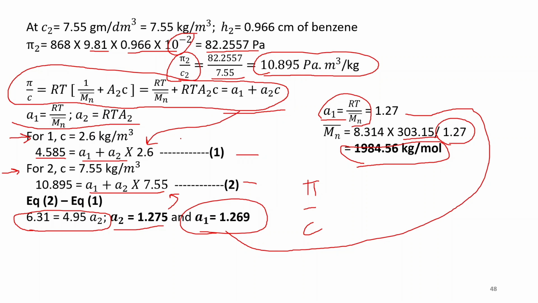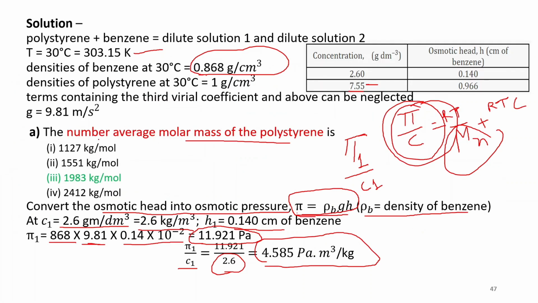We first get the left hand side clear for concentration 1, pi 1 by C1, and for concentration 2, pi 2 by C2, and we make a linear equation out of these two equations, and we calculated the A1 and A2 values. We know that A1 is equal to RT by Mn bar. So we put in the A1 value from the calculation, and we calculated the number average molar mass, which is the third option, 1983 kg per mole.